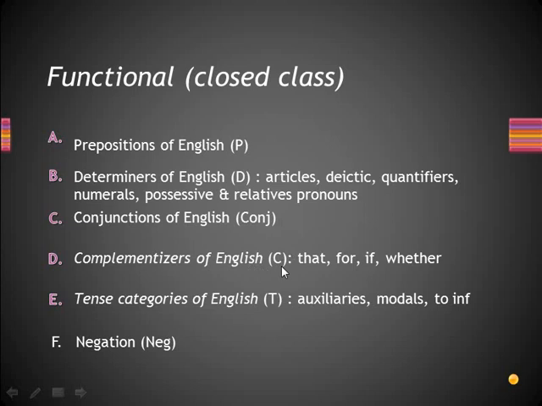We'll have a look at this in the discussion about dependent and independent clauses. Tense categories here means the auxiliaries, modals, and to-infinitive. Auxiliaries masuk ke function word atau closed class. And negation, the word not.